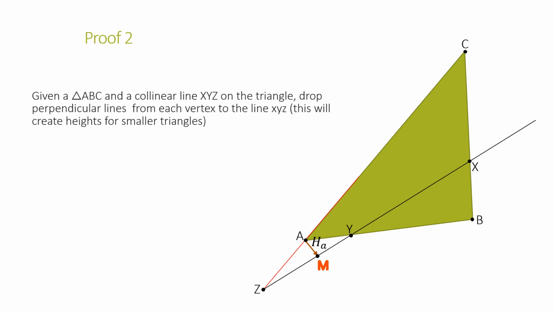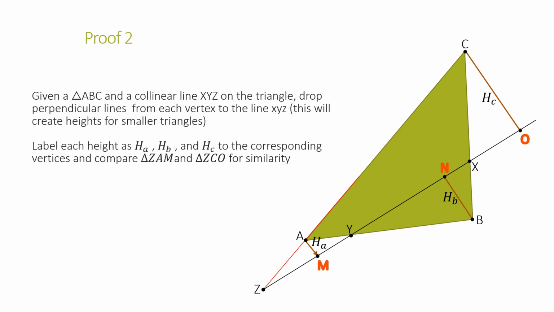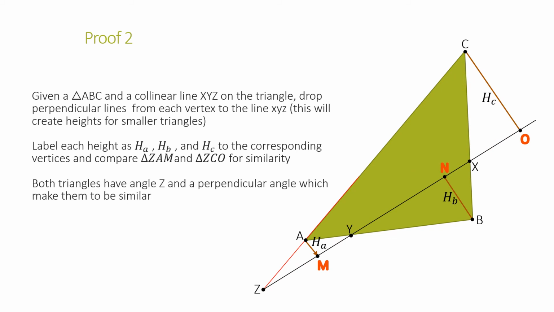The height of A onto point M, the height of B touching point N, and the height of C touching point O. Labeling each height as HA, HB, and HC to the corresponding vertices, and comparing triangle ZAM and triangle ZCO for similarity, we can see that these two triangles have a common angle Z and one perpendicular angle, which makes them similar.